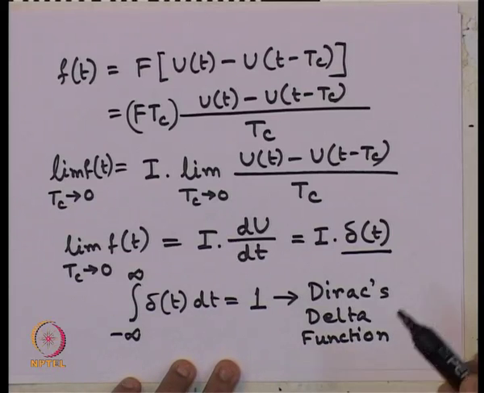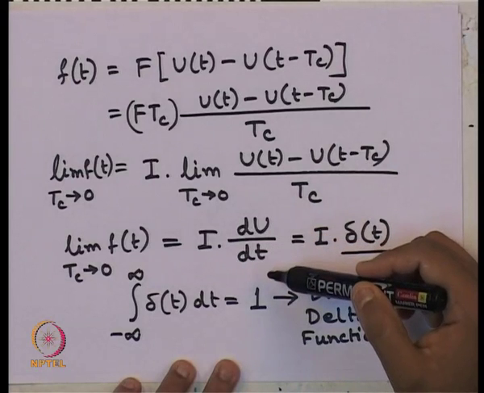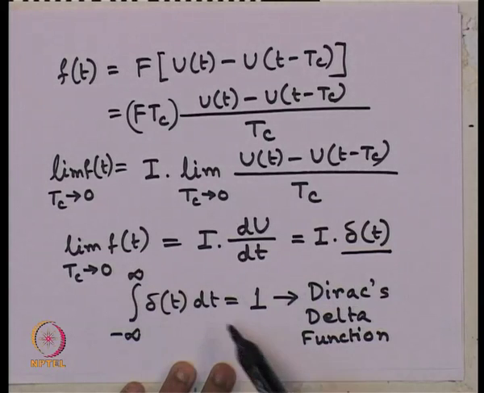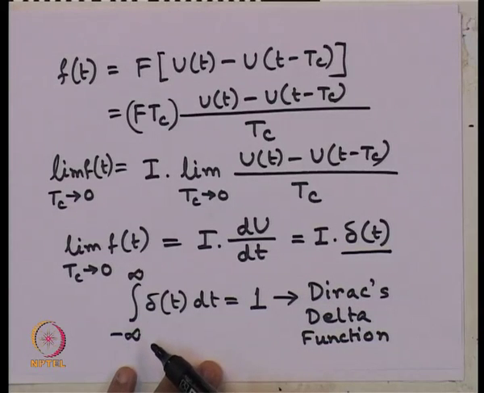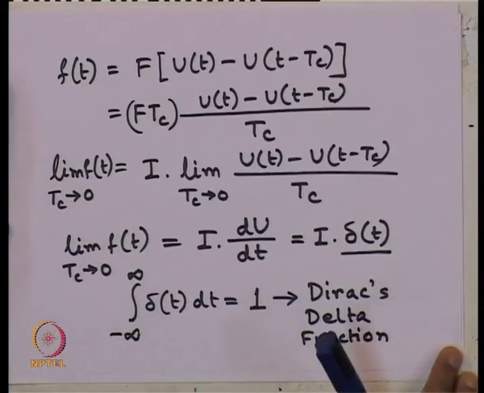So, now we are introducing from the Heaviside step function its first differential with respect to time, expressed as delta of t, which follows this relation: if we integrate it from minus infinity to plus infinity with respect to time, it will give us unit value, known as Dirac's delta function. Now, what is the response?